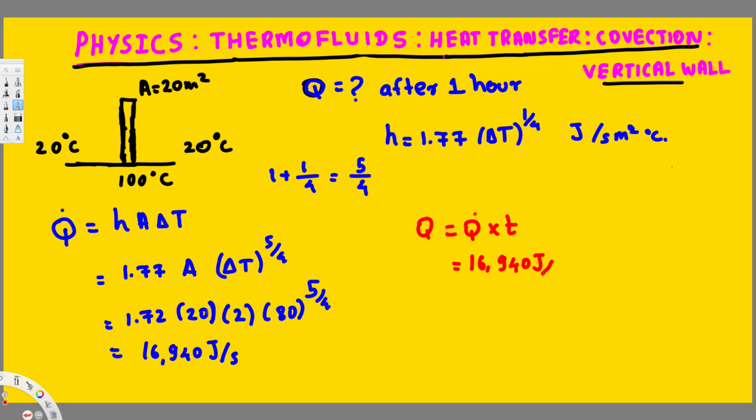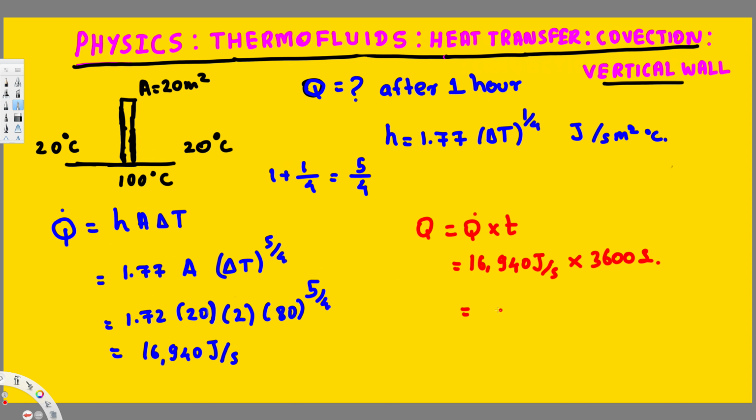16,940 joules per second. Since this is in joules per second, we have to convert this hour into seconds, and we know that in 1 hour we have 3,600 seconds, so we can multiply this one by 3,600 seconds to convert this into joules.